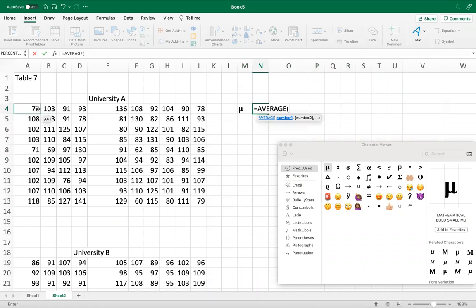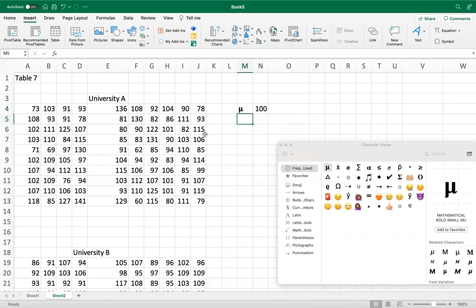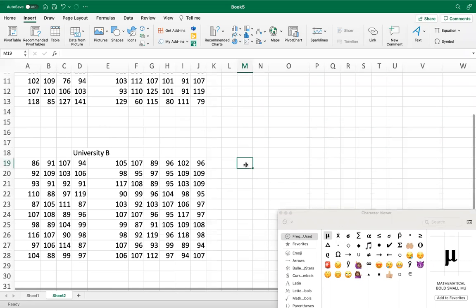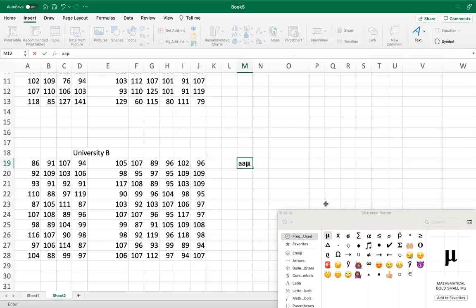So average of this data set here. Awesome, that was 100. And now we're going to look at the average or the mean of this data set over here. So equal to average of this data set here.